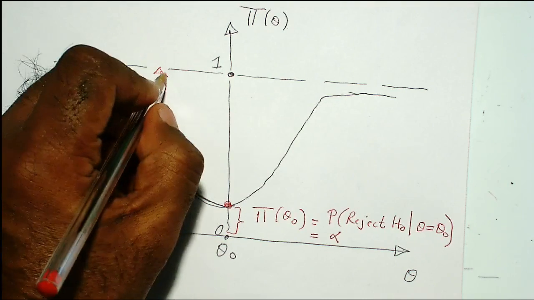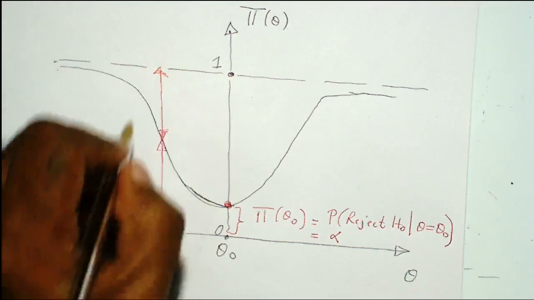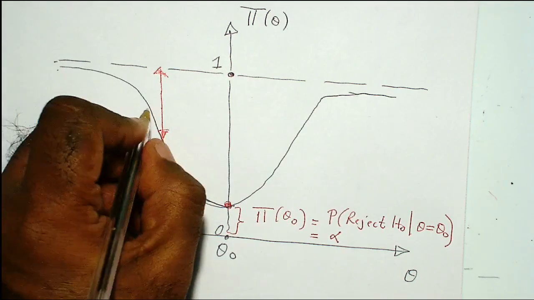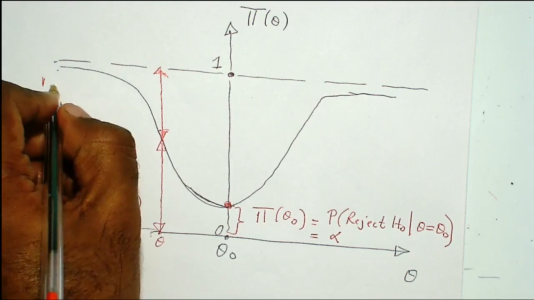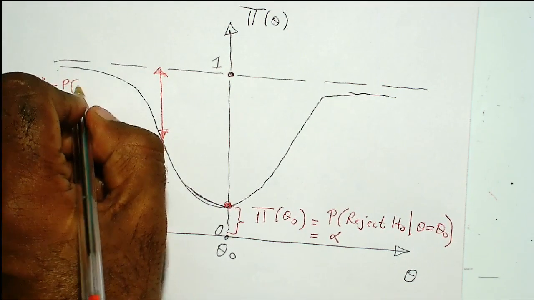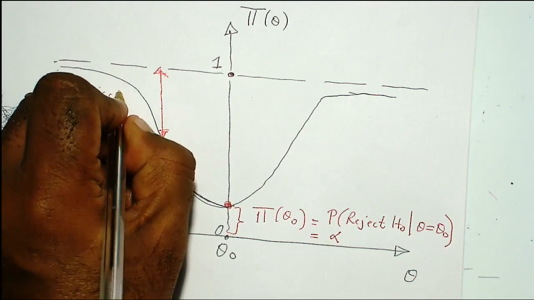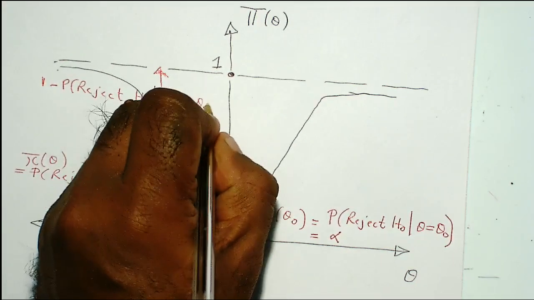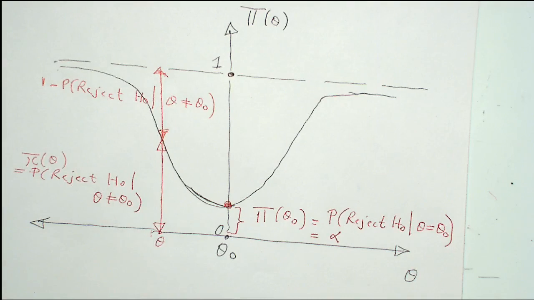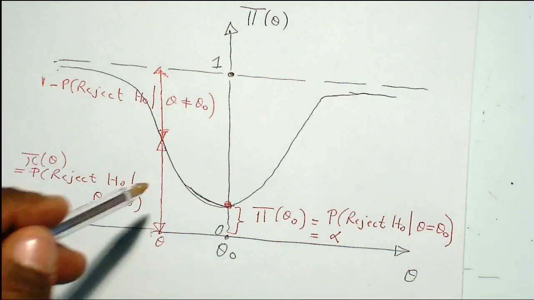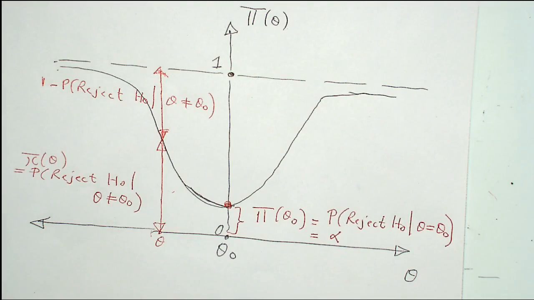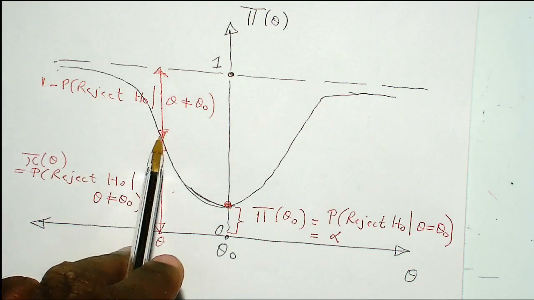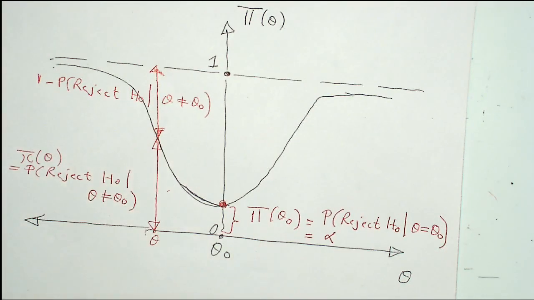Let me write it down. It will be 1 minus the probability of rejecting H0 given that theta is not equal to theta 0, right? Because remember that this distance and this distance must add up to 1. So the distance from this point to this point is simply 1 minus this probability.